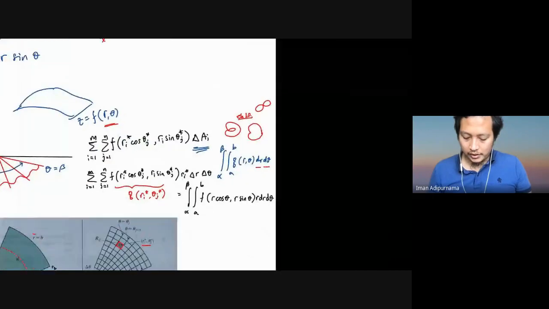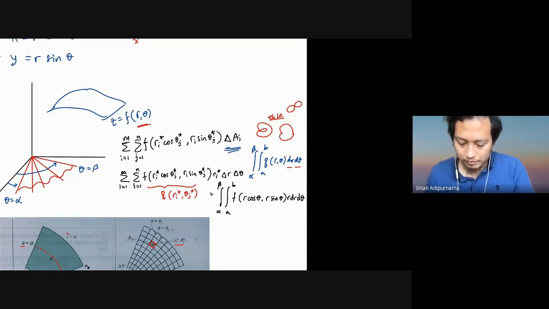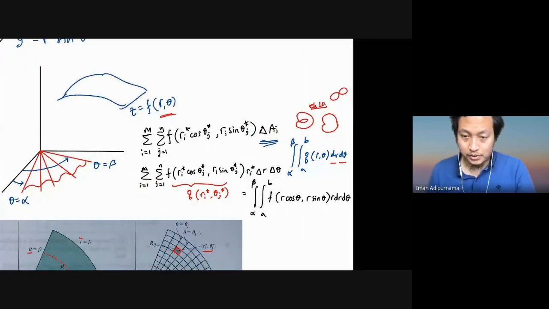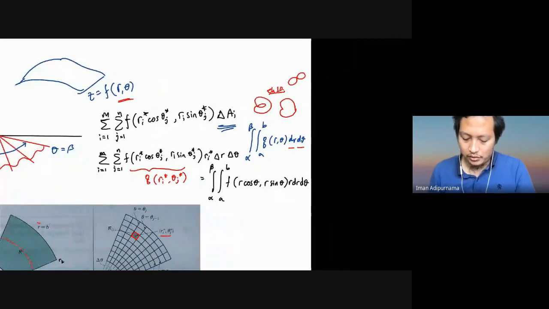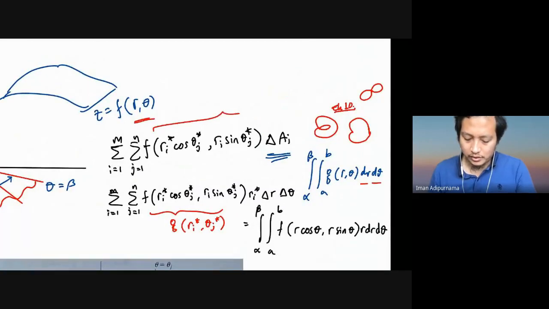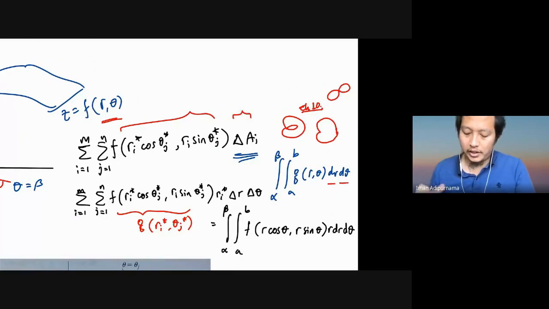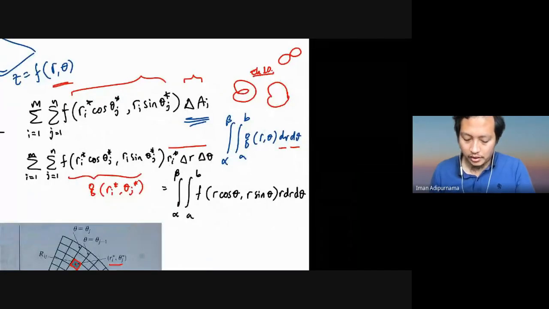And when you look at the form, you define the sums over this sigma here, define the function for, let's say, the surface, and then define the other one as the area. You now have the area in terms of polar, which you can define as r, delta r, and delta theta.